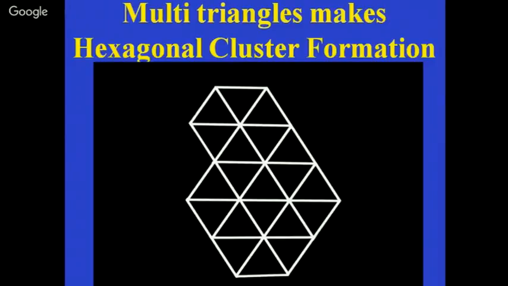So this is called multi-triangle makes cluster. Cluster means they are attached to each other, and you cannot distinguish whether you are talking about this triangle or that triangle. They have equal shape and size. They are part of the cluster. And these six triangles make the hexagonal cell.